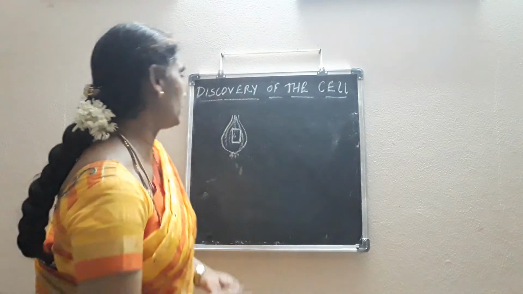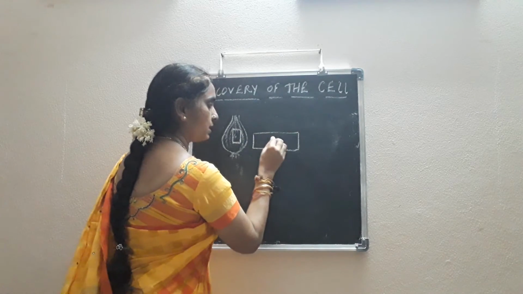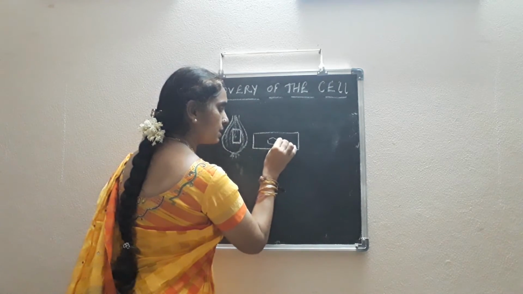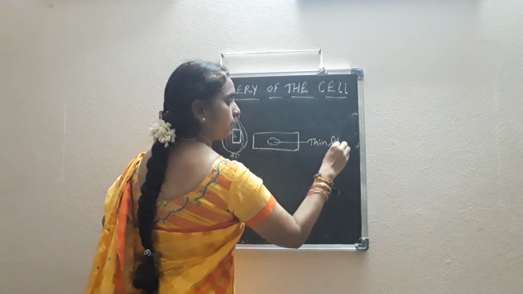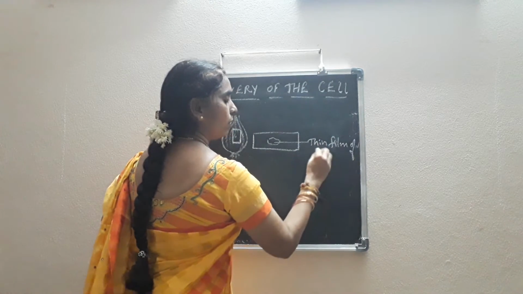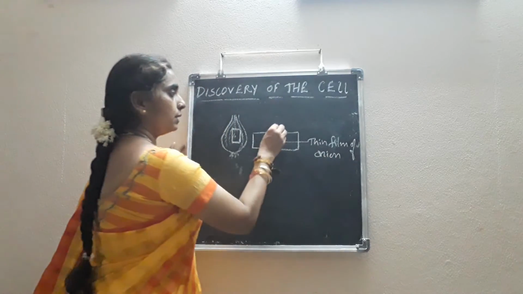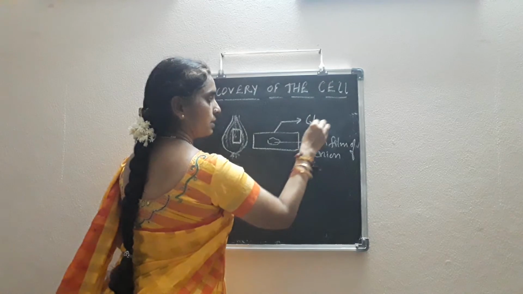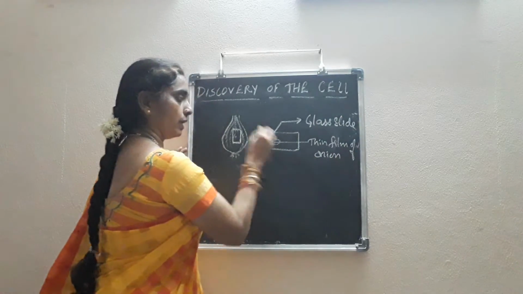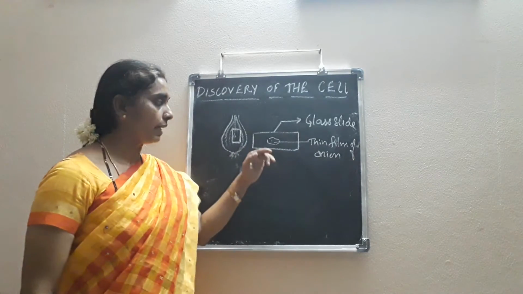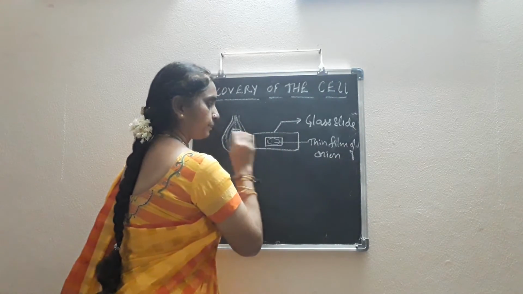So after taking the onion peel, a thin film of the onion, keep it over the glass slide with a drop of water on it, so as not to get dried. Then cover it with a cover slip.